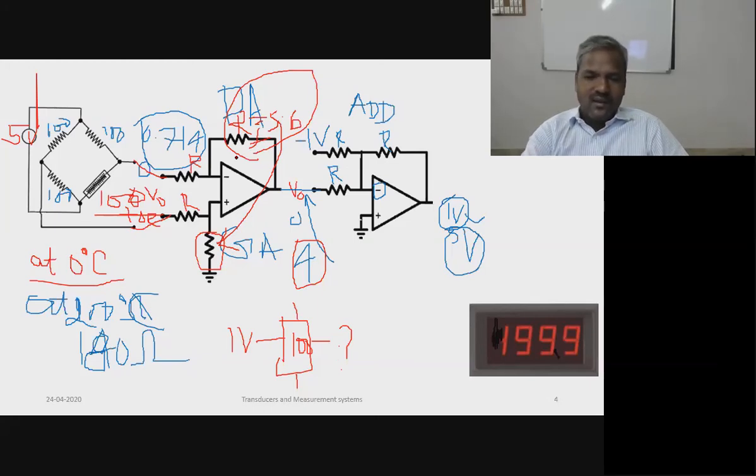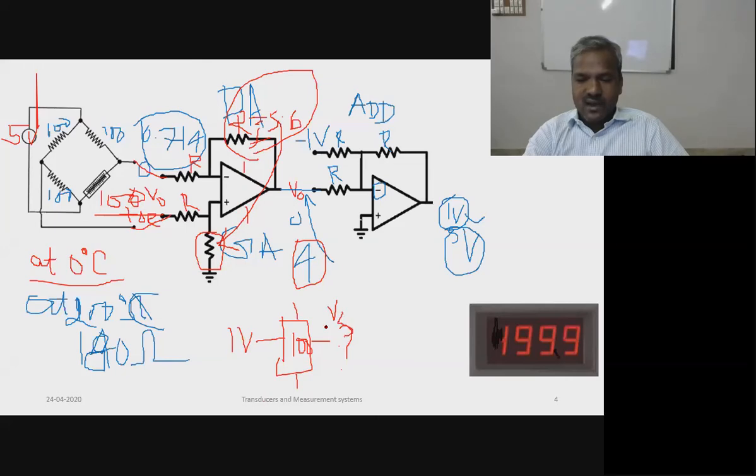See, our excitation to the op-amp is plus 12 minus 12 or plus 15 minus 15. Maximum plus 15 minus 15 only we excite the op-amp. So if you apply 1 volt, 100 volt is impossible. You will get only V saturation.